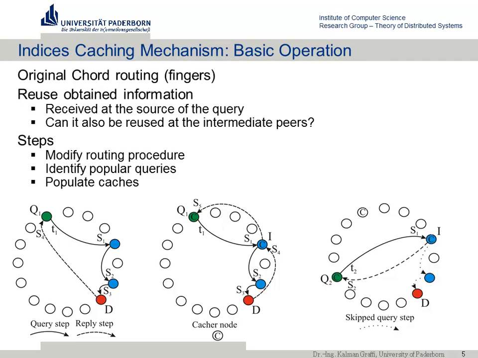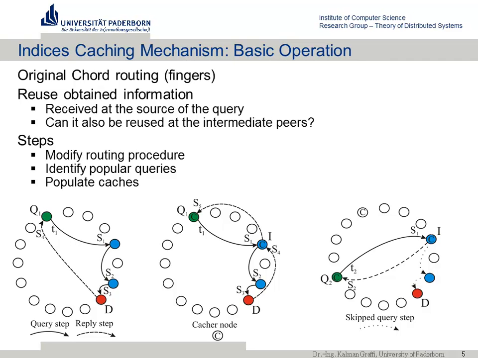In this picture you have, for example, the cache by the querying node in the first instance, and in the second in this node. So by introducing this kind of caching, you could save some hops in the routing.